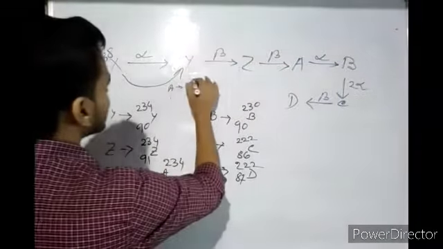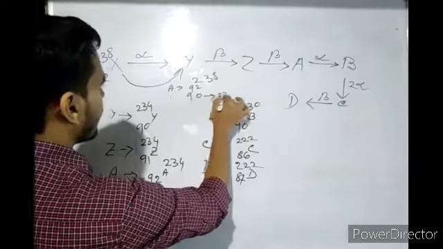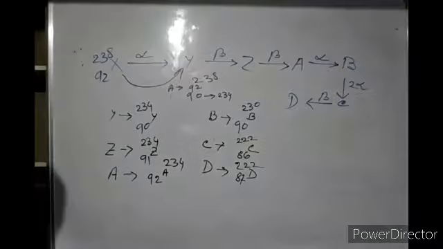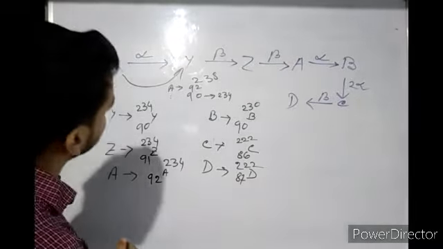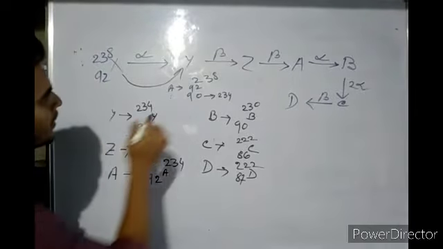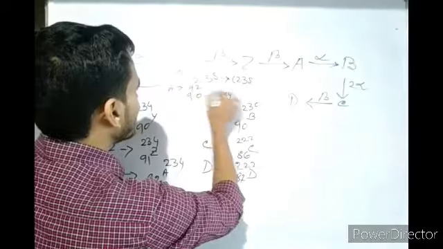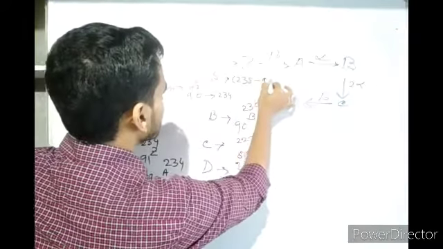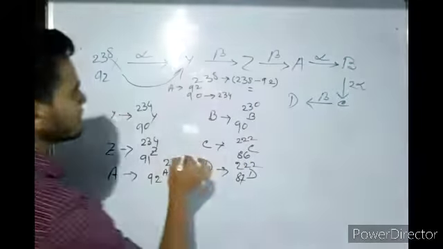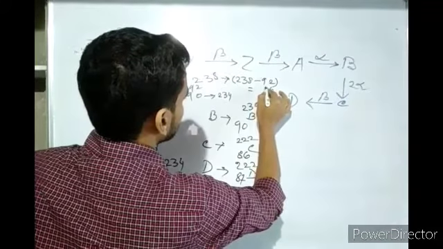In case of X, mass number is 238, here mass number is 234. Here neutron number is 238 minus 92, that means 146.